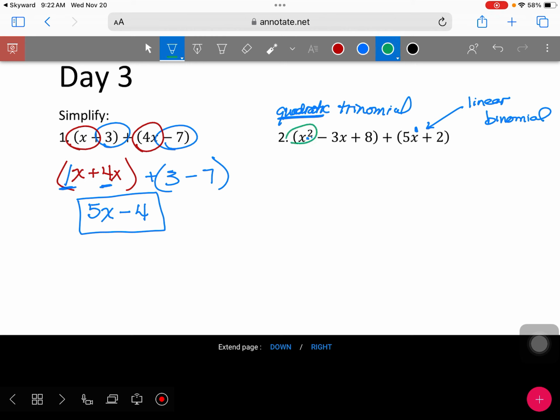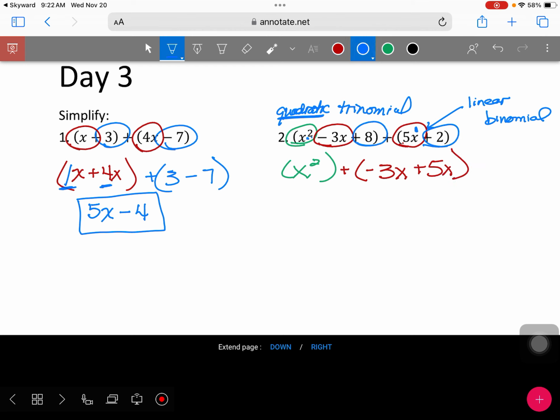So as I look, x squared, do I have any other x squareds? I do not, so that's going to be the only one there. Next up, I have -3x. Do I have any other x terms? 5x. So I'm going to put -3x plus 5x. And finally, I have my constants, 8 and 2. So x squared, there is a 1 in front.